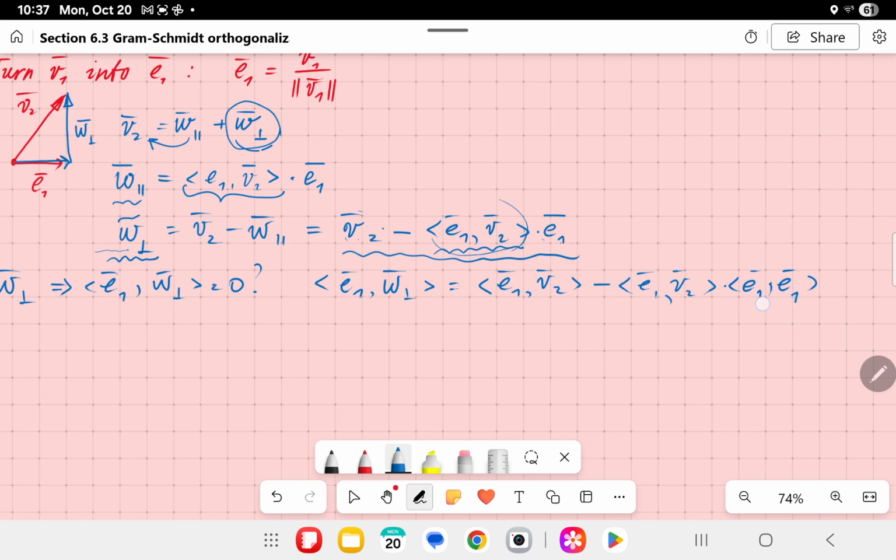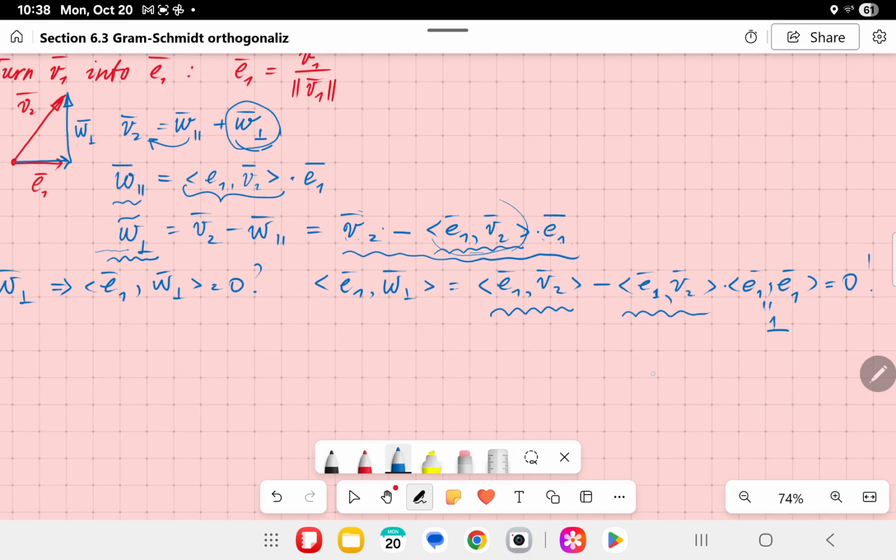Because my basis is orthonormal, I know that this one is equal to 1. And what I have here is the inner product of e1 and v2 minus the inner product of e1 and v2, which is equal to 0. You see? That's why they are orthogonal. Why did it happen? Because I chose the coefficient exactly equal to the inner product of e1 and v2, and now we just subtract it.